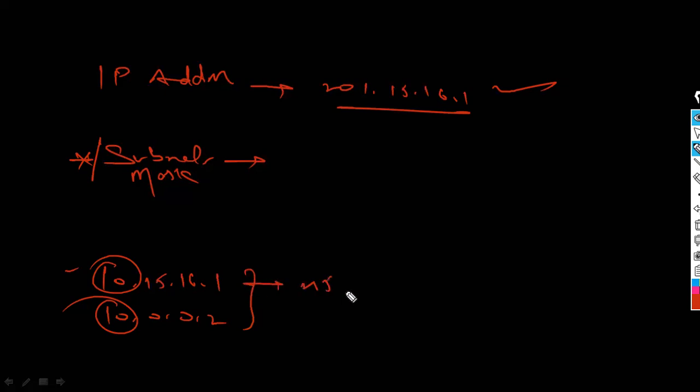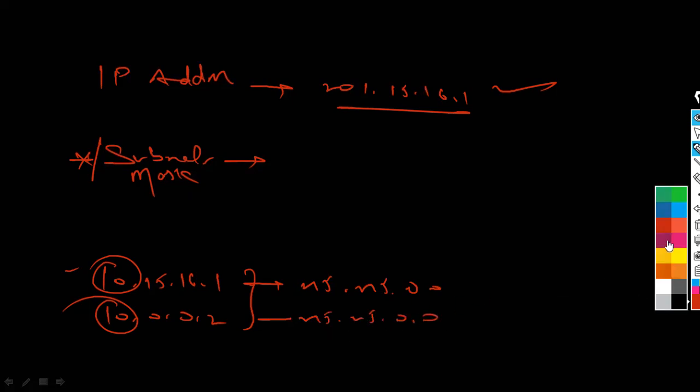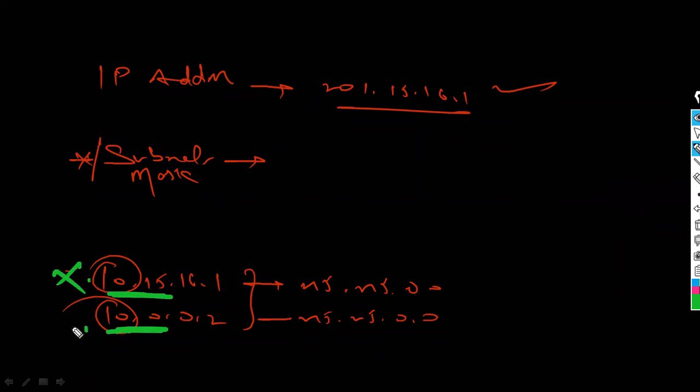Maybe the subnet mask is this. Yes, that is possible. If the subnet mask is 255.255.0.0, now this subnet mask breaks the rule. Now the initial 2 octets are the network portion, and they are not the same. They will not communicate. If I change the subnet mask to default, yes, they will communicate.